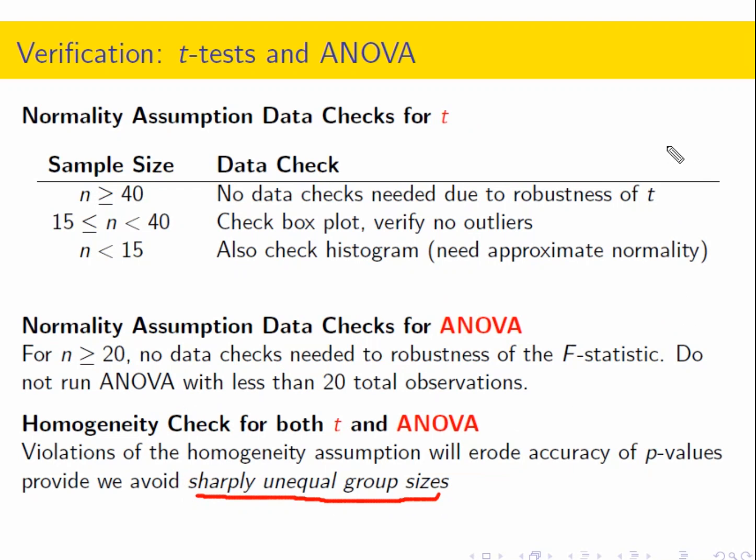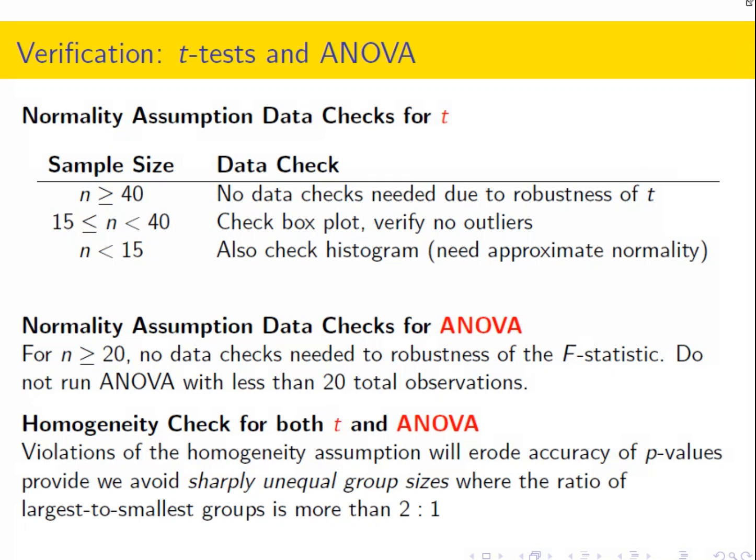So if you think about it, that's what's going to cause problems with the standard deviations. If the standard deviations aren't equal and one group is much, much bigger, then that standard deviation is going to start pulling the results off. So we want to avoid sharply unequal group sizes, which means the ratio of the largest to smallest groups is more than 2 to 1.